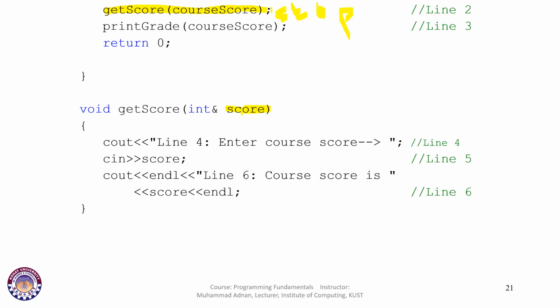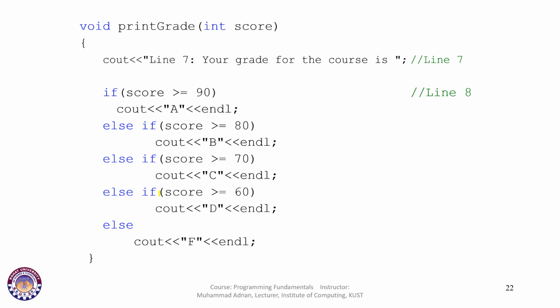So we can directly input the data inside this course score variable because we have an address. So in line number 4, enter the course score. We enter that score, and then we display a message, the course score is score, in order to tell the user that you have entered this score.